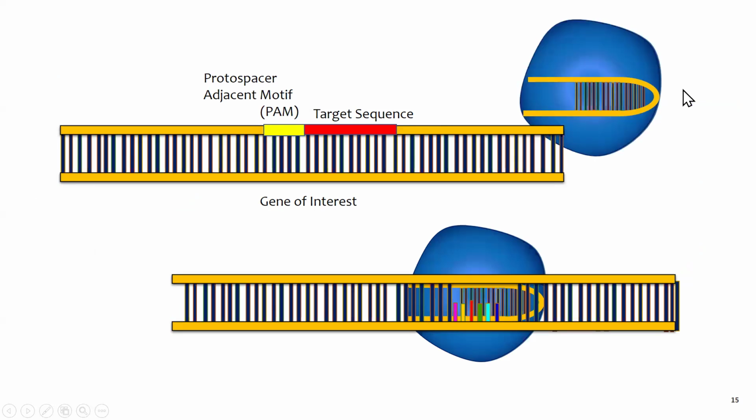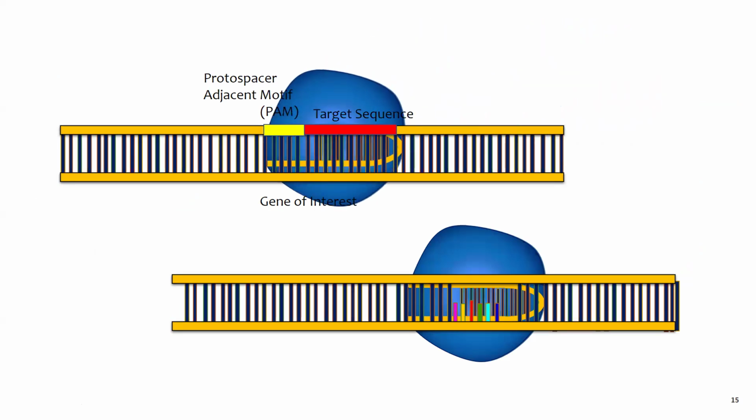So the postman will go to the right place of the target DNA, and then it will cut the double-stranded DNA, because Cas9 or Cas enzyme is a molecular scissor for DNA cutting.